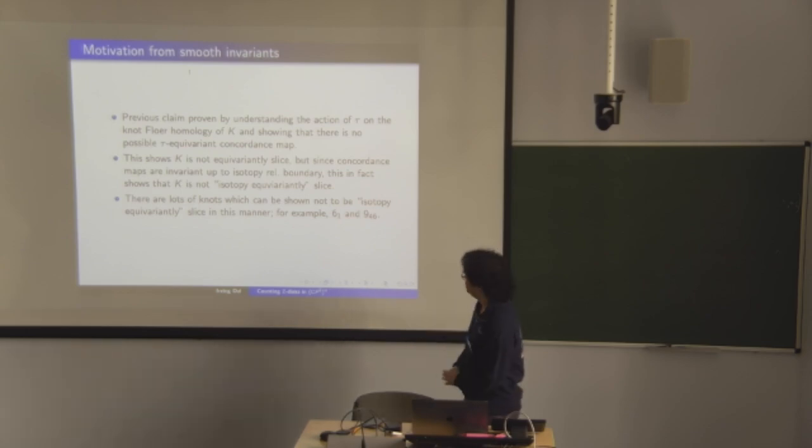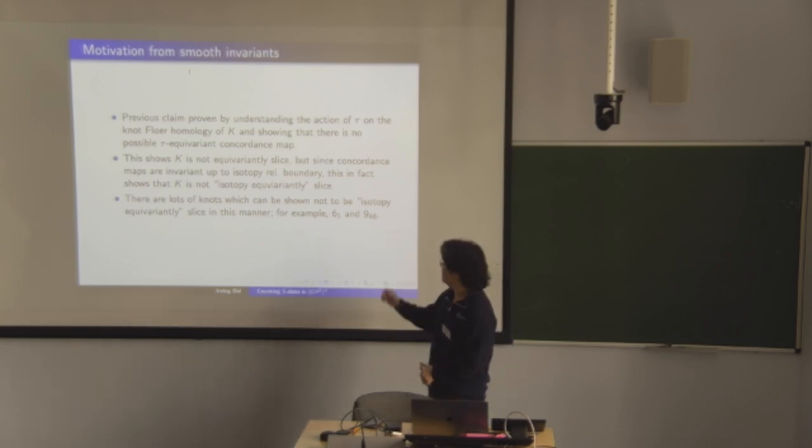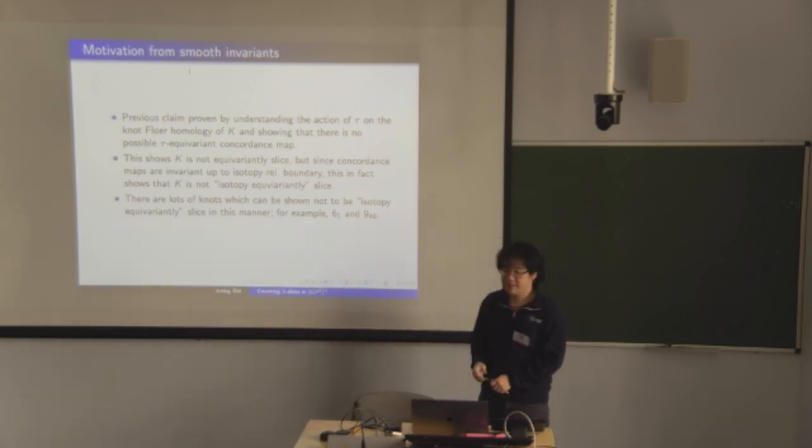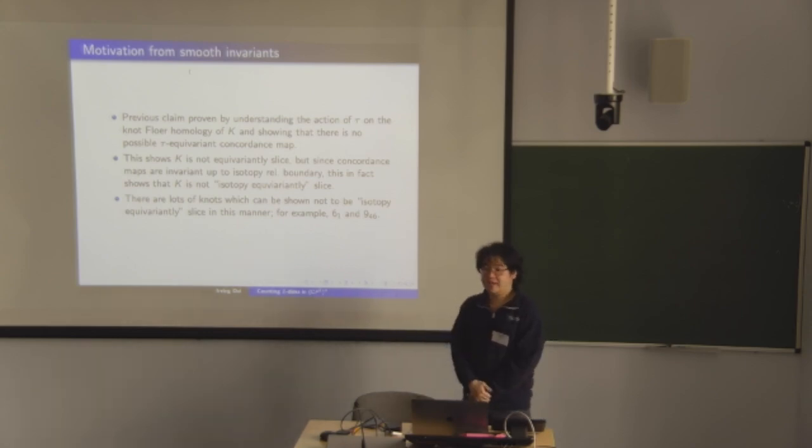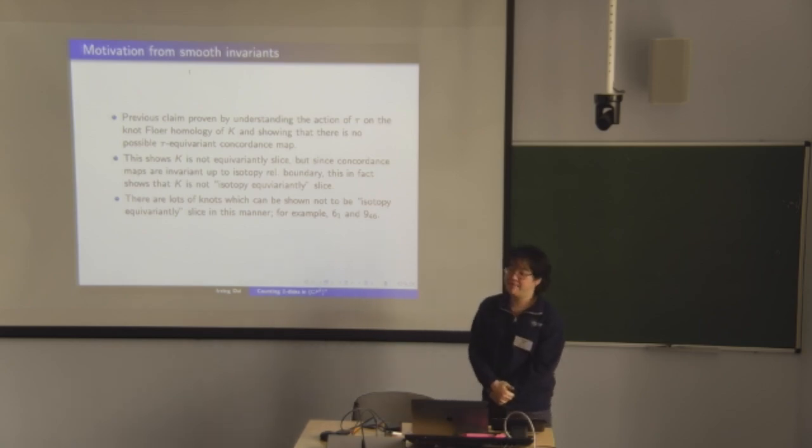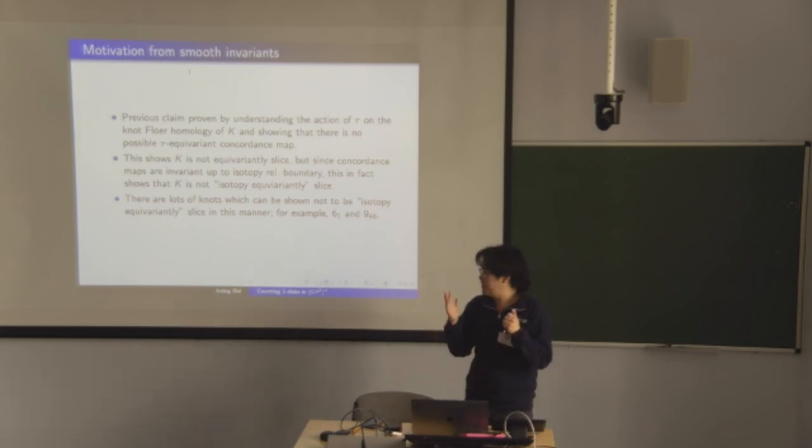So for example, you can take a knot like the Stevedore, a knot like 9_46, and by analyzing the knot Floer homology of this knot and the symmetry action on it, you can conclude that these knots do not admit any pairs of slice disks which are related by a symmetry but smoothly isotopic rel boundary. So this is a method for producing disks that are not isotopic rel boundary.